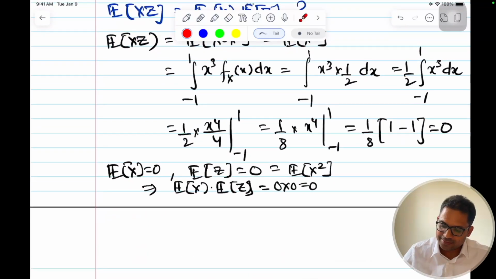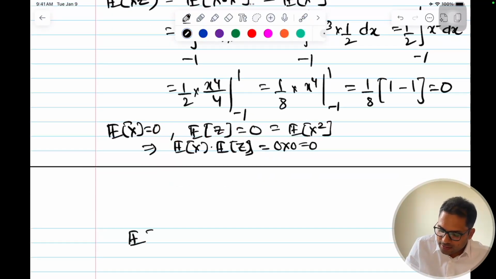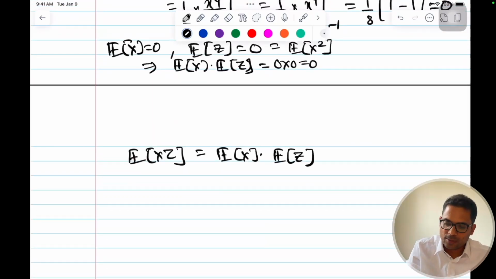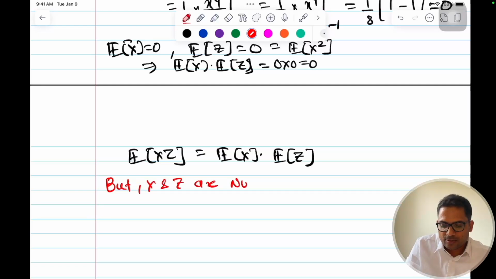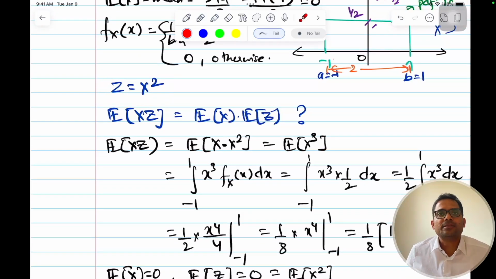Although this formula is holding here, the expectation of xz is equal to the expectation of x into the expectation of z, even then x and z are not independent, because clearly z is dependent on x. I hope independence is clear now.